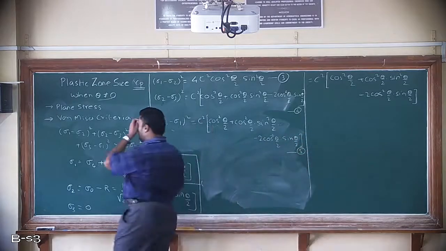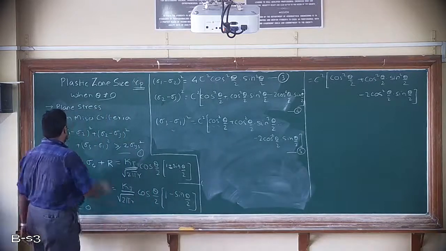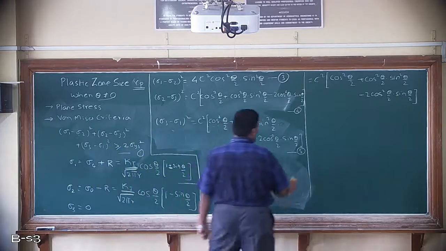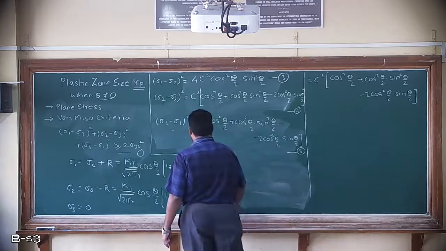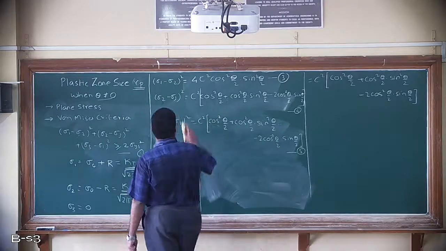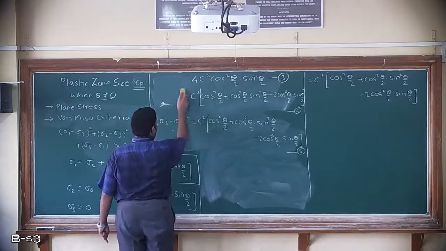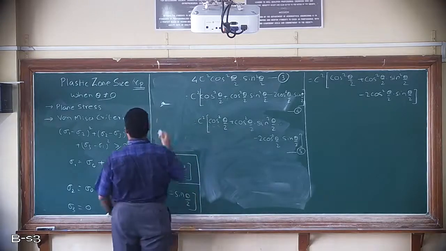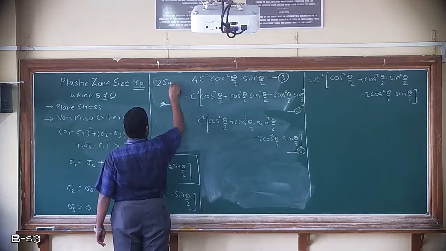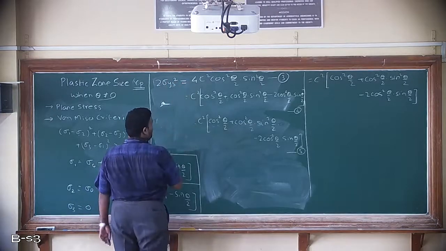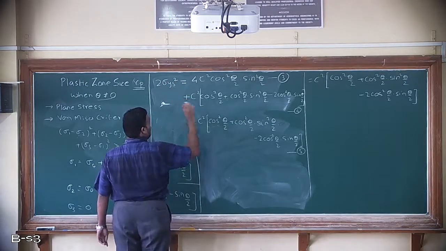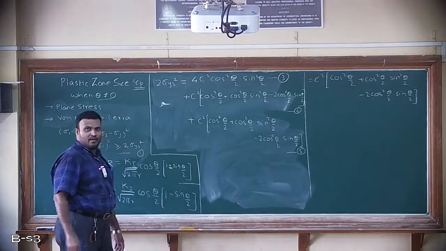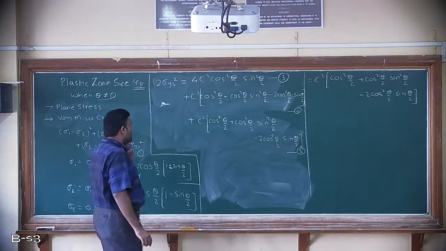So now we shall substitute equations 3, 4 and 5 in equation number 1. So here I can write this as 2σ_ys² will be equal to equation number 3 plus equation number 4 plus equation number 5. Do you agree with that?